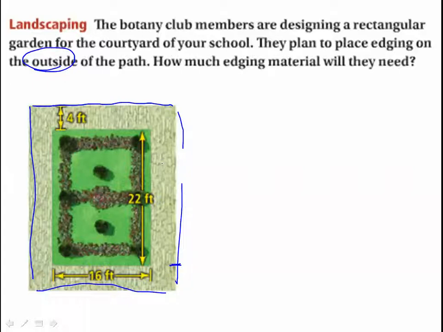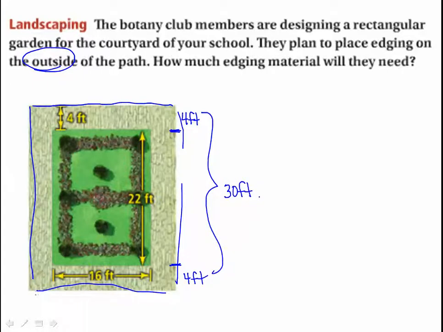If that's 22, then the distance right here, this is 22. We know that this is 4 feet right here. So we have 4 feet at the top, and we have 4 feet at the bottom. And we have 22 feet in the middle. So if we add 4, 4, and 22, we see that this entire distance is 30 feet.